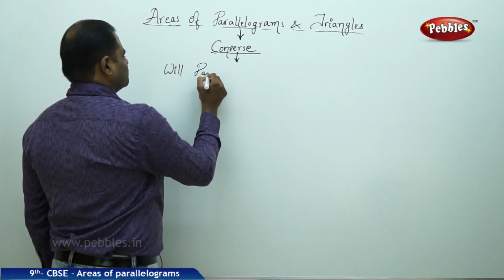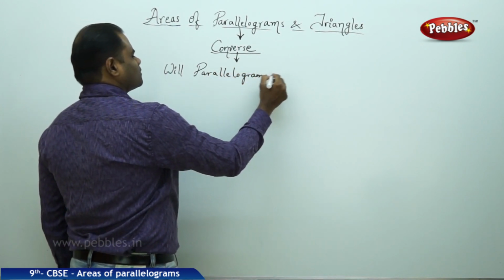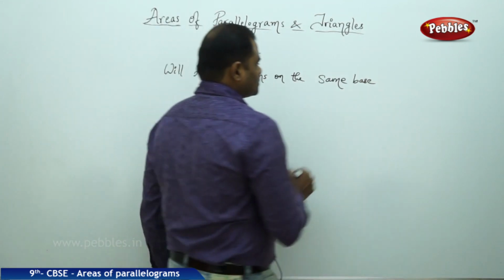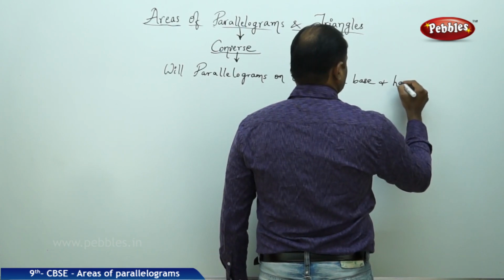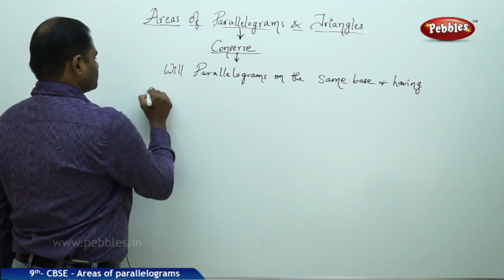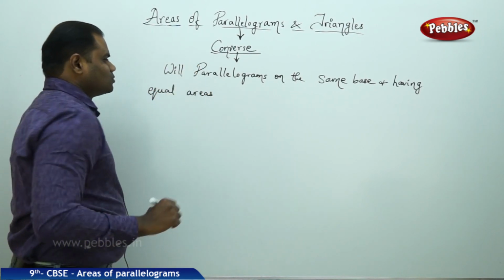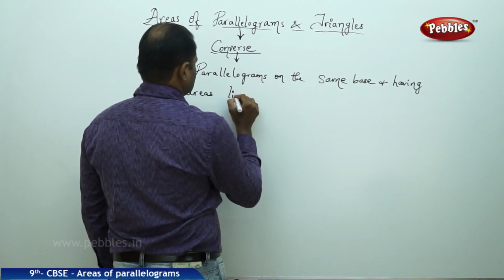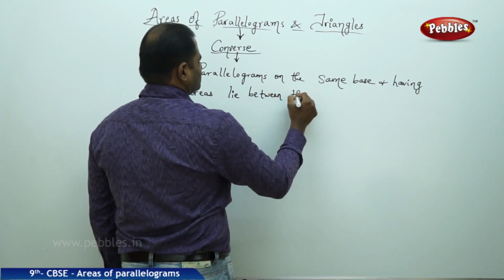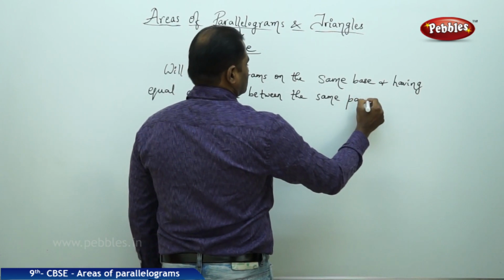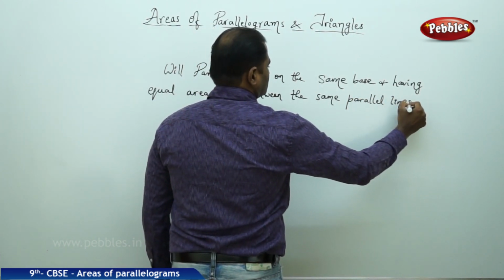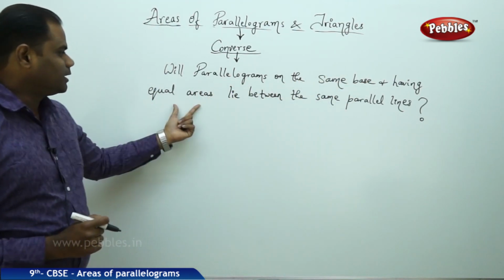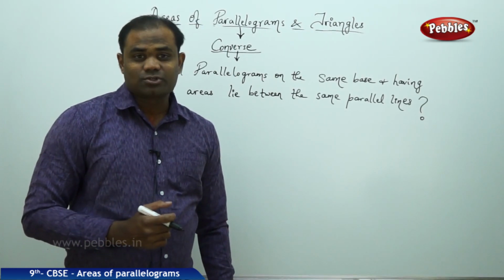My question is, will parallelograms which are on the same base and having equal areas, the two parallelograms or any number of parallelograms on the same base and having equal areas, lie between the same parallel lines? That is what I have as the converse, and it is the biggest question here.